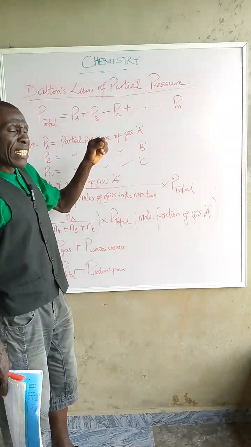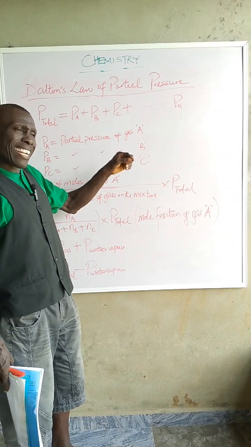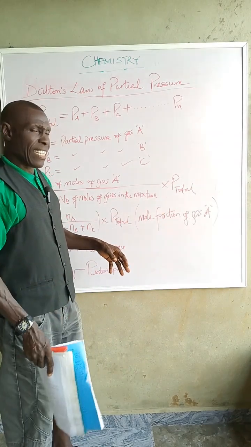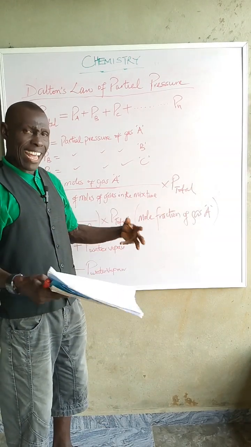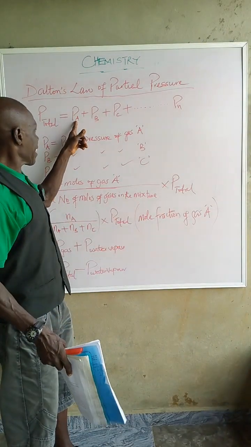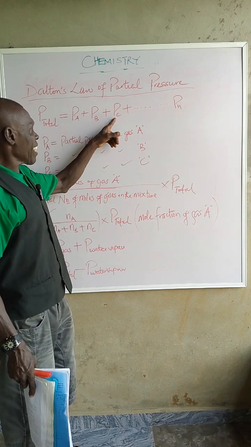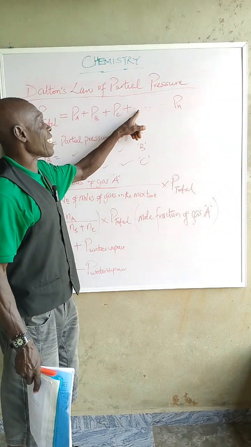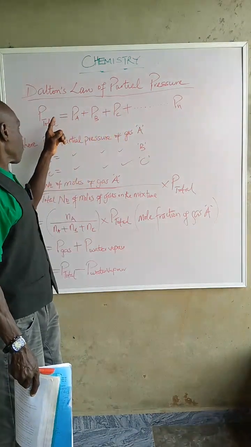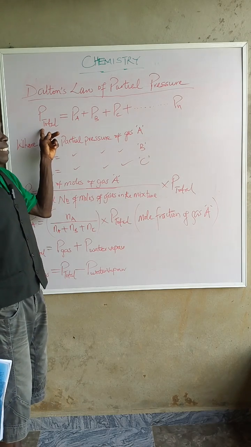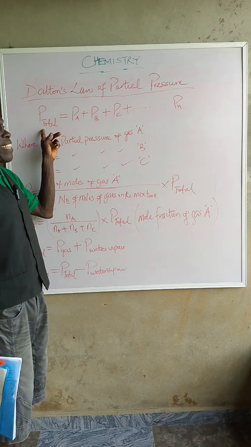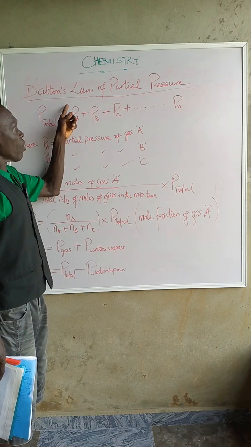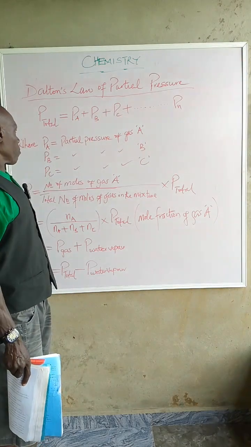Now, to find the total pressure of the gas inside that one container, it will be the sum or the addition of gas A pressure, gas B pressure, gas C pressure. If there's any gas D and so on, that will give you the total pressure of the gas. That's what it means by the law of partial pressure.